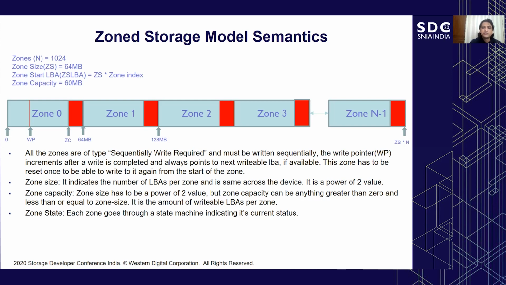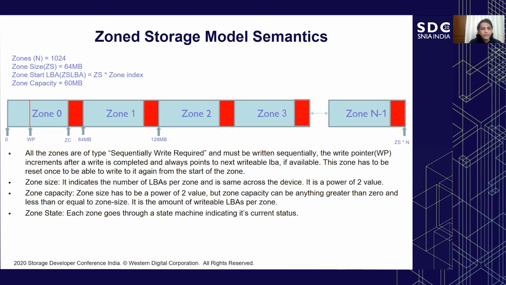Zone capacity helps the firmware to manage its NAND so that it does not have to adhere to the power of 2 constraint imposed by the TP or by the host. And due to certain device NAND characteristics, it is difficult to exactly keep the NAND as a power of 2 value without being inefficient.